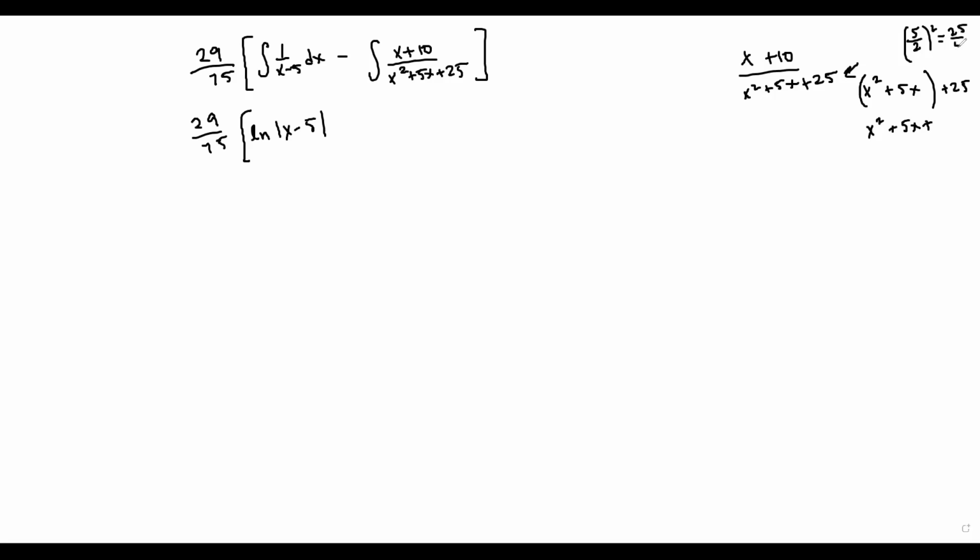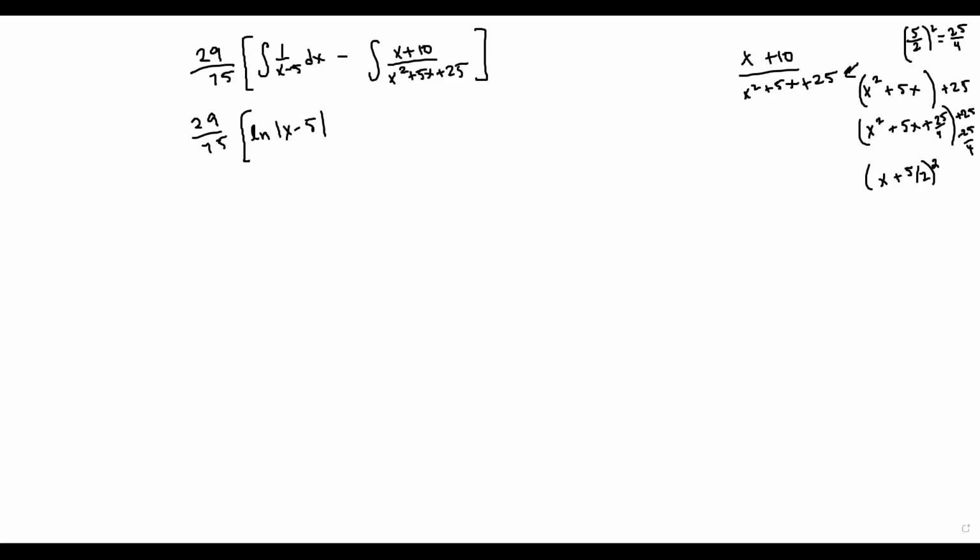So that's 25 over 4 that I have to add inside my parentheses, and to compensate, I need to subtract 25 over 4 from the 25 that I had put off to the side. The reason I did that was so that I could rewrite this as x plus 5 halves squared.